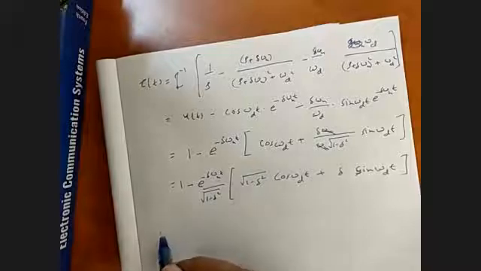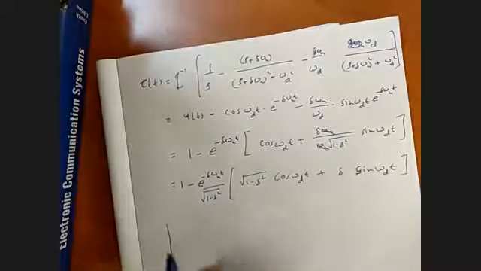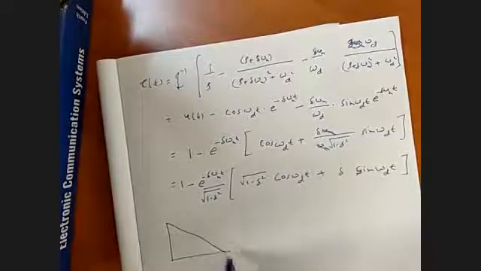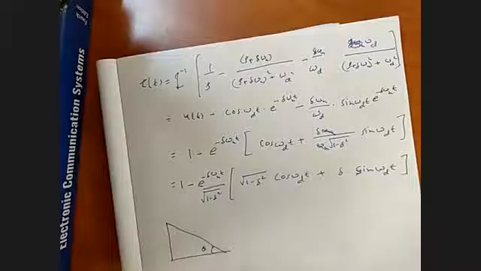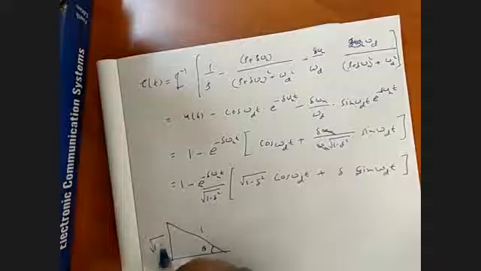We assume a triangle with angle theta. This is delta, this is 1. So this is under root 1 minus del square.